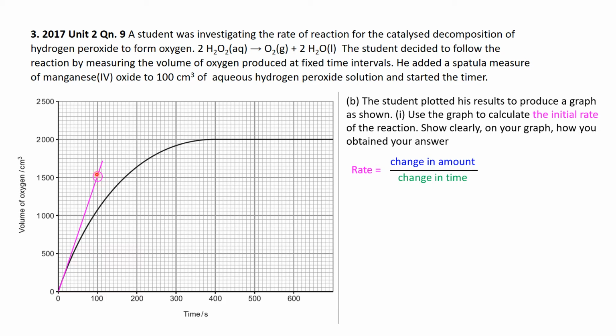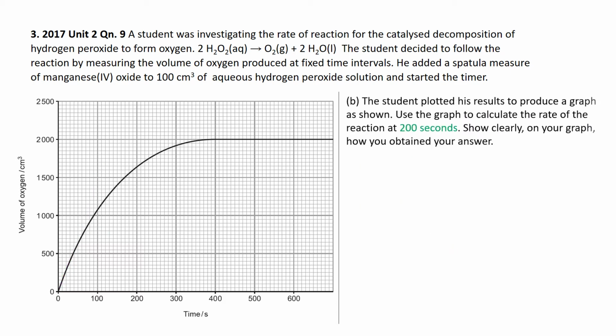The line goes pretty much through that intersection there of 1500 and 100. So the rate is going to be 1500 cubic centimeters of oxygen over 100 seconds, or 15.0, and again the units are going to be cubic centimeters per second. Amount, in this case volume, over change in time.